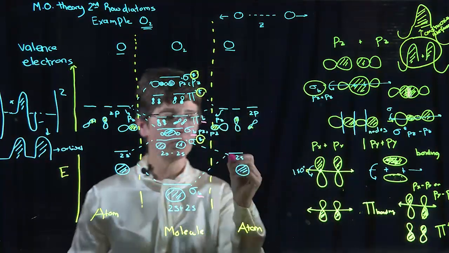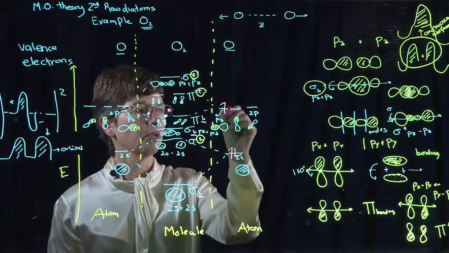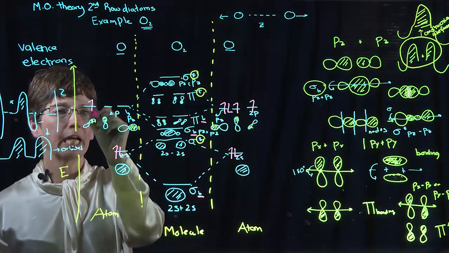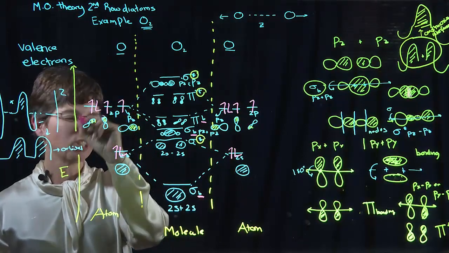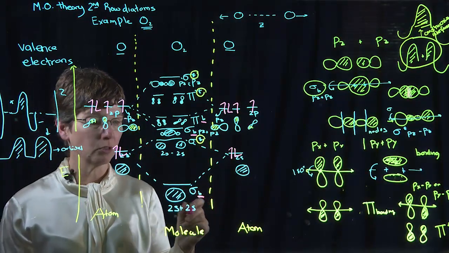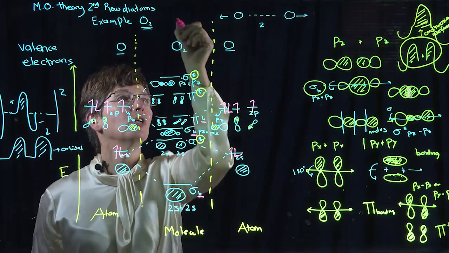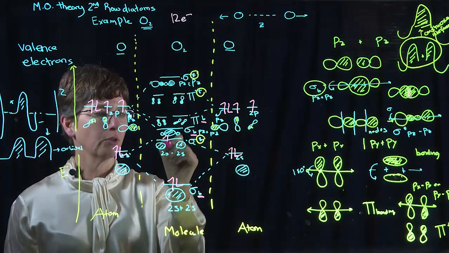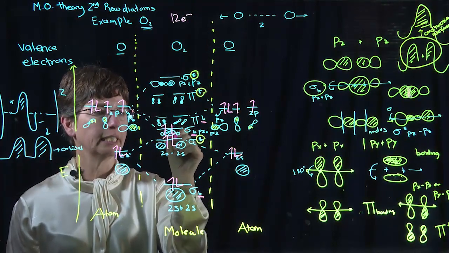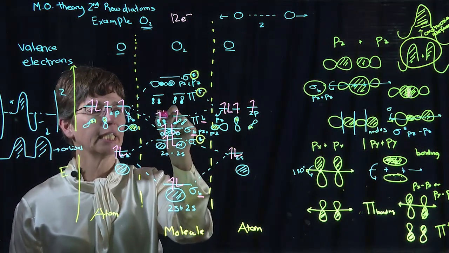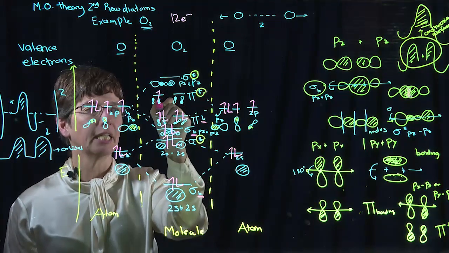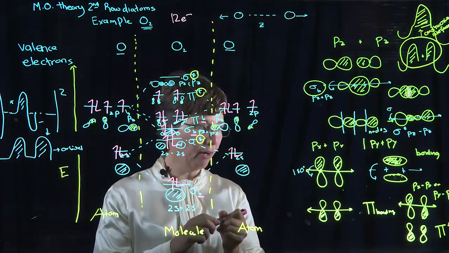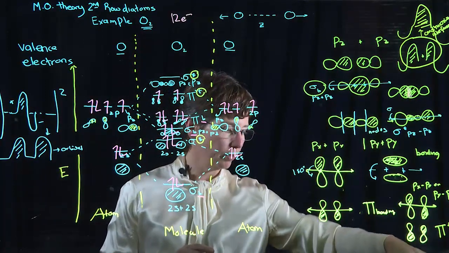Okay, so the last thing is to put electrons in. And oxygen, you know, has 1, 2, 3, 4, 5, 6 valence electrons. We're going to, again, use the Aufbau principle. So we're going to fill the lowest energy orbitals first. So we've got a total now of 12 electrons to put in here. 1, 2, 3, 4, 5, 6, 7, 8, 9, 10, 11, 12. Okay, we're done. So let's calculate our bond order.